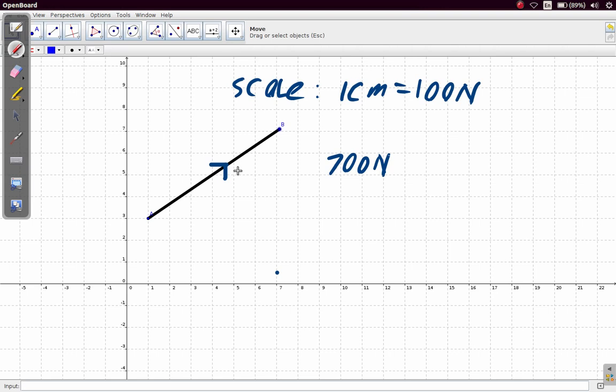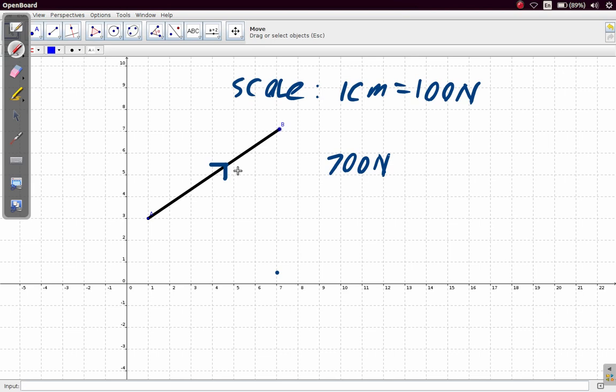So this is how you represent a vector. Use a line with an arrow to tell the direction of the vector, and the length of the line represents the magnitude of the quantity you're representing. And of course, in this case, I'm using a graph paper with a scale showing a magnitude of 700 newtons, where the scale is 1 centimeter equal 100 newtons.